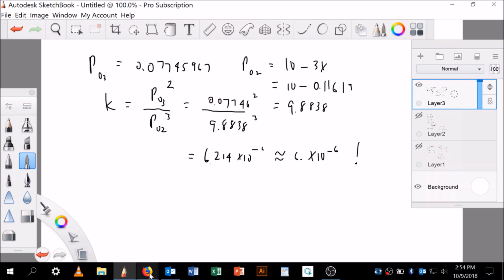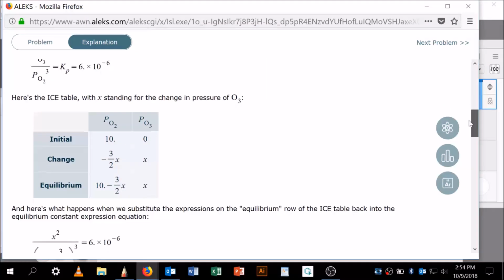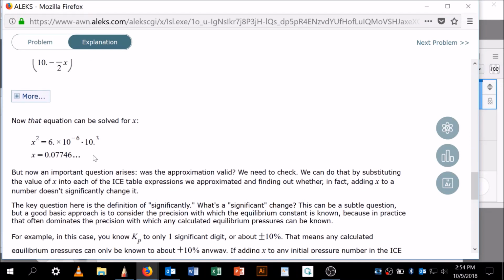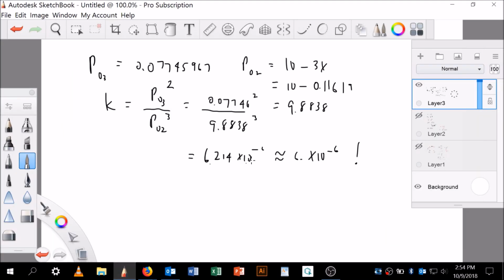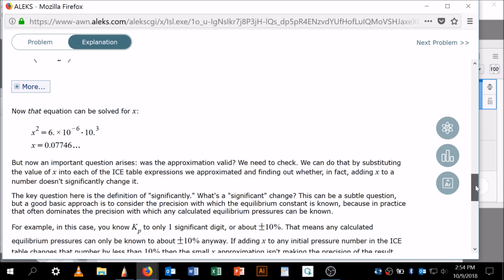So let's go back over to our explanation and just go down and make sure that we get credit for all this. All right, so I'm not going to read all that, of course, but yeah, 0.07746, which is what we had here. That's right. That's what x is.